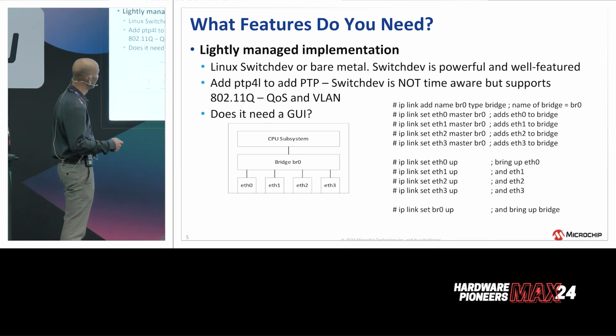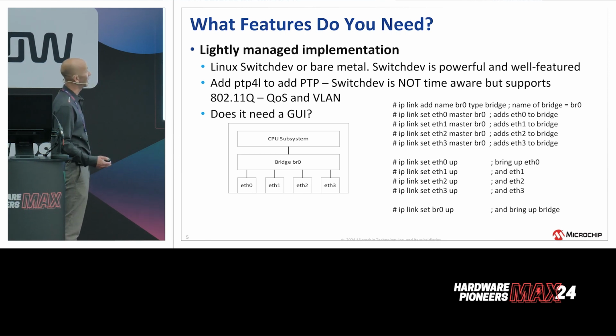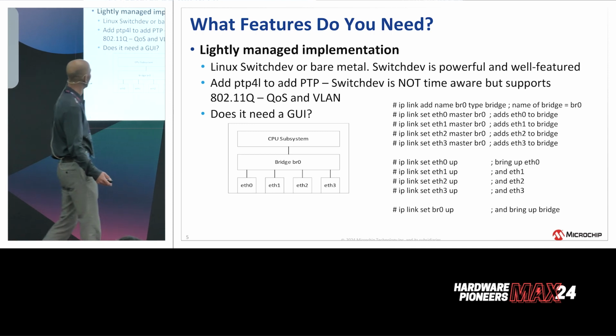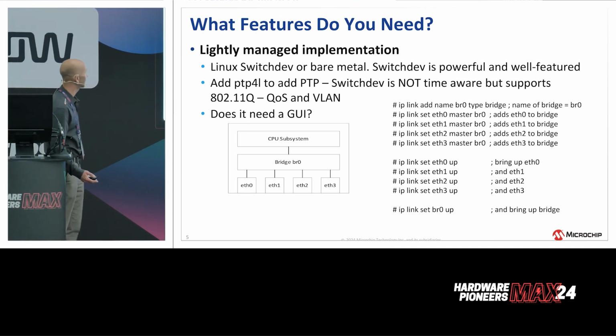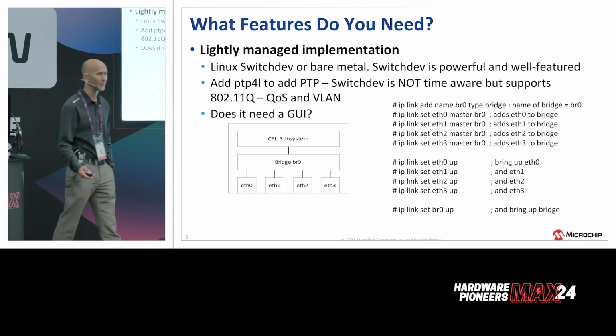And generally, on the right-hand side of the screen there, you can see some commands to bring up each interface and add it to the bridge. Create the bridge, add it to the bridge, and then set the IP link. All right, yeah. So you probably do have a CPU on this. There is a bridge and there is each port. So that's the lightly managed switch.